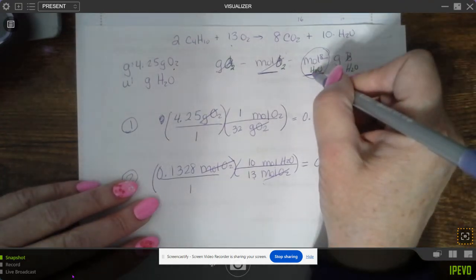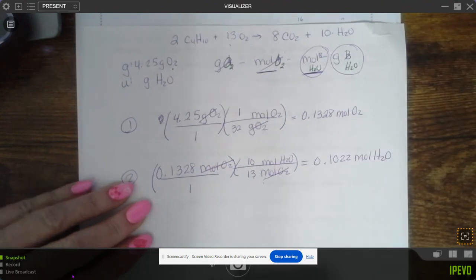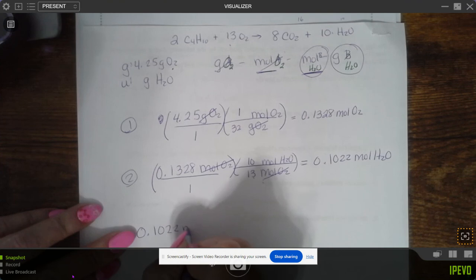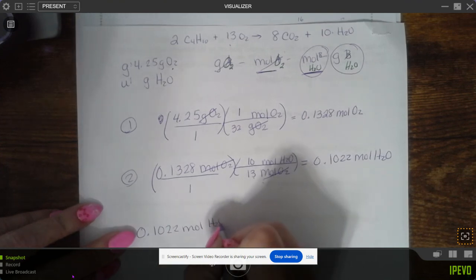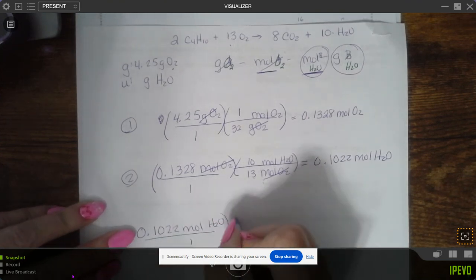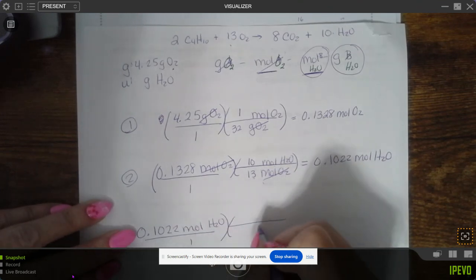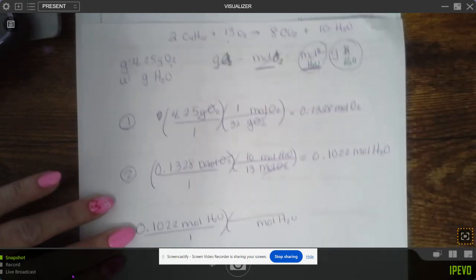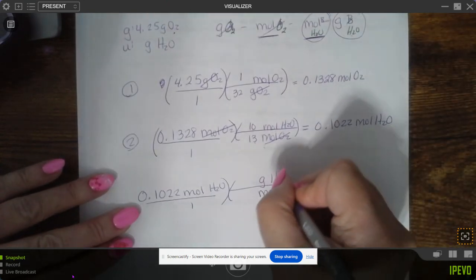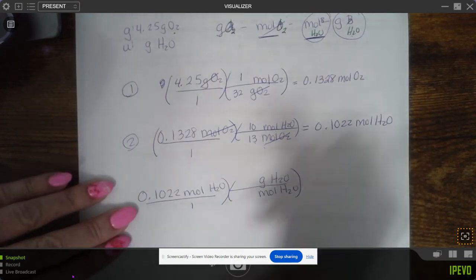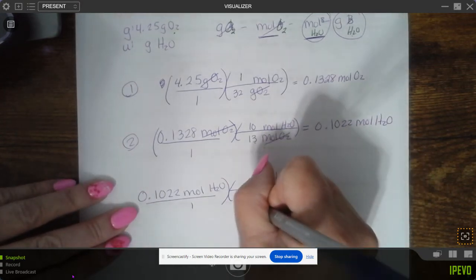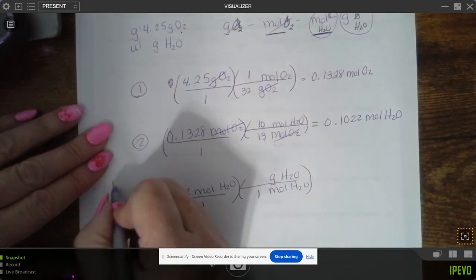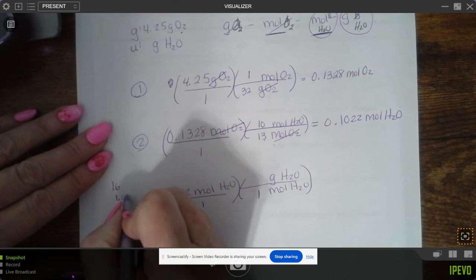Last step. I've got moles of water. Now I need to go to grams of water. So 0.1022 moles of water. Moles of water comes down, so it cancels out. I'm looking for grams of water. So grams of water is going to go on the top. Okay. This is where we use the molar mass. So 1 mole is equal to the molar mass of water. We know, remember, oxygen is 16. Hydrogen is 1.01.